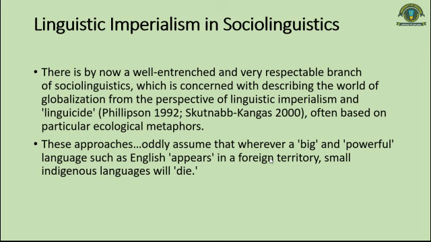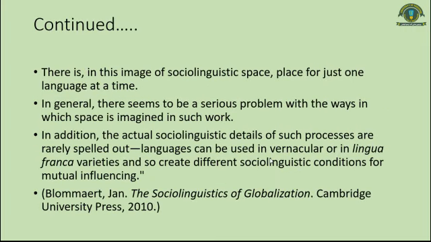These approaches assume that wherever a big and powerful language such as English appears in a foreign territory, small indigenous languages will die. In this image of social linguistic space, there is place for just one language at a time. In general, there seems to be a serious problem with the ways in which space is imagined in such works.